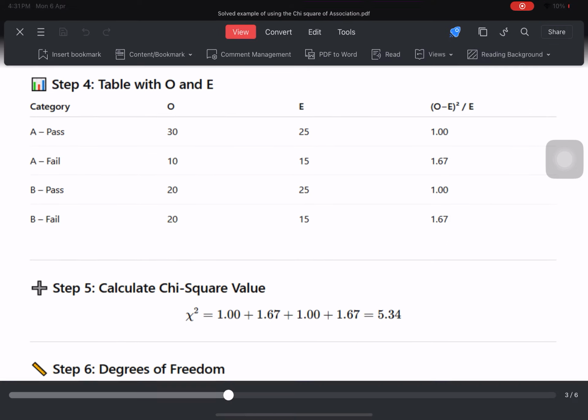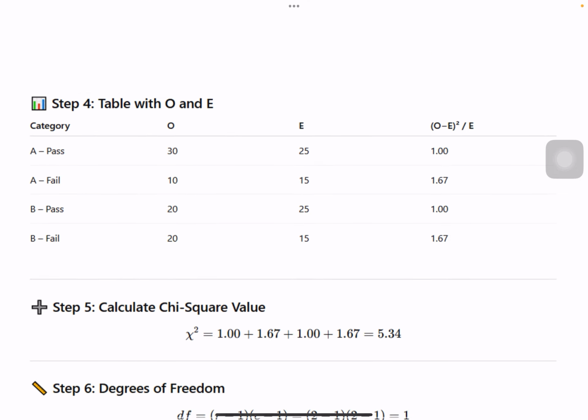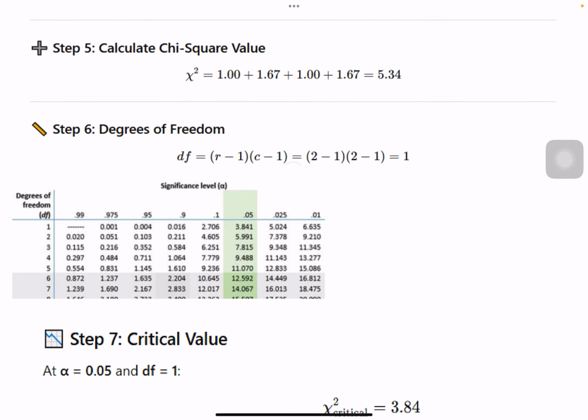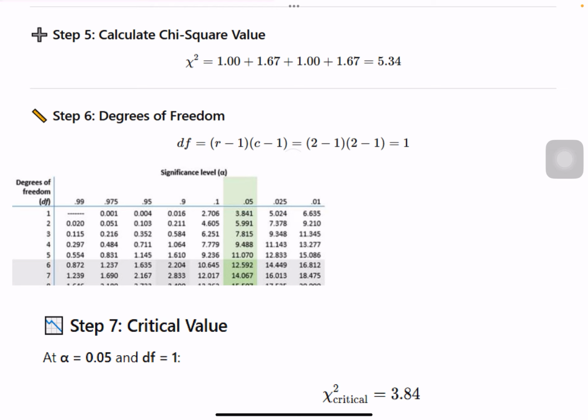Now we calculate the chi-square value. X square is equal to 1.00 plus 1.67 plus 1.00 plus 1.67, which is 5.34. Now we calculate the degrees of freedom. The formula is df equal to rows minus 1 multiplied by columns minus 1. We have two rows, 2 minus 1, and two columns, 2 minus 1, which is equal to 1.